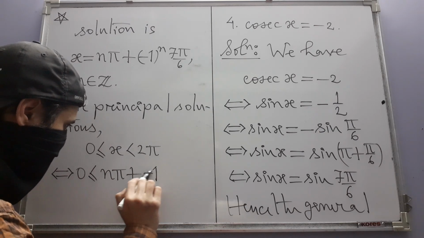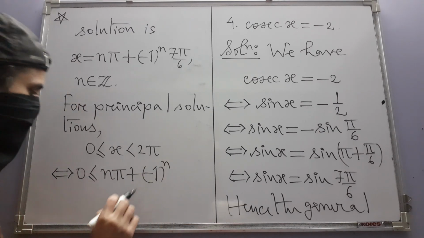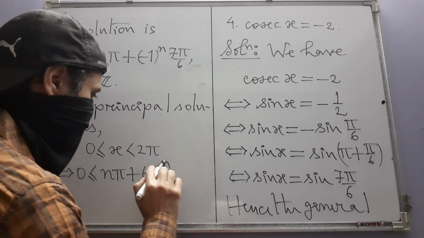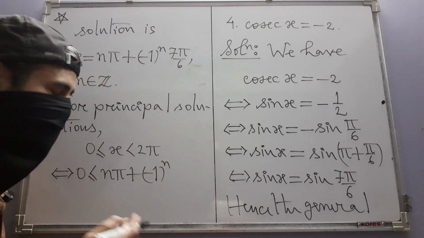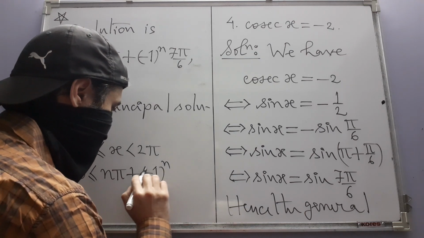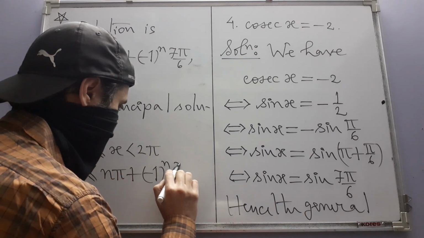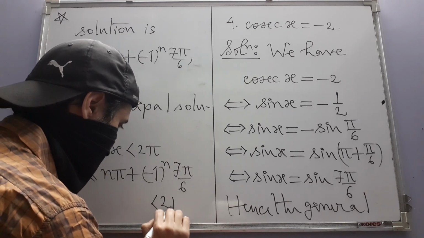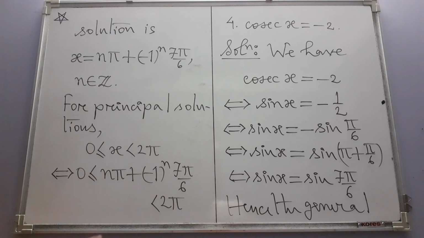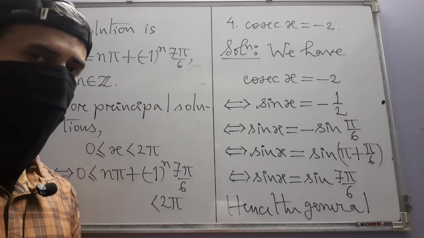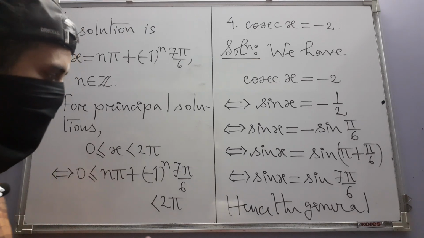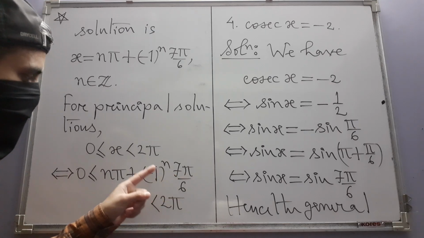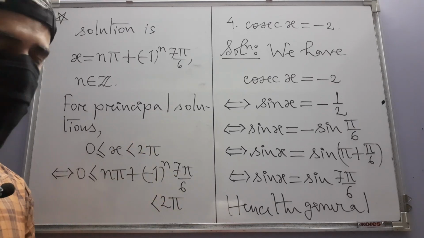Here immediately, you cannot just simply go on working on this singularly. You have to consider two cases separately, because you have minus 1 to the power n. Depending on the parity of n, whether n is even or odd, just like in that cosine case, you will be getting two cases.